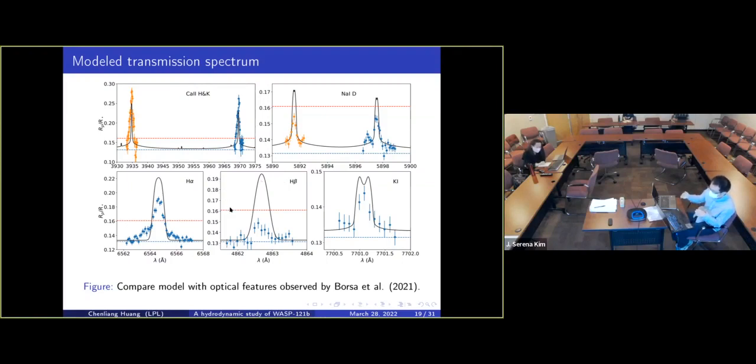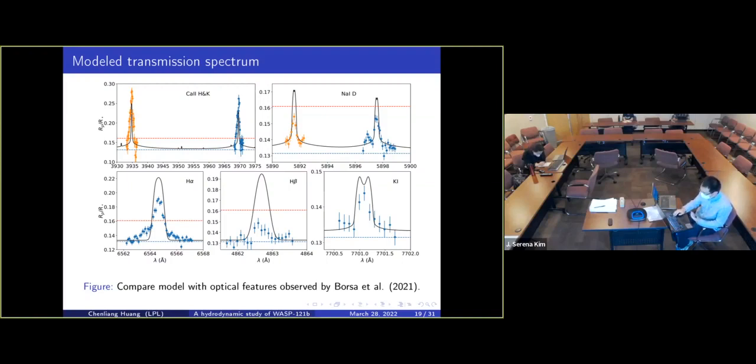That's because, as I mentioned earlier, the excited state has a sudden drop, and the line center transit depth of both features basically marks the location of that sudden sharp drop. So clearly this model does not fit the observation well, and we should see what physics we are missing.